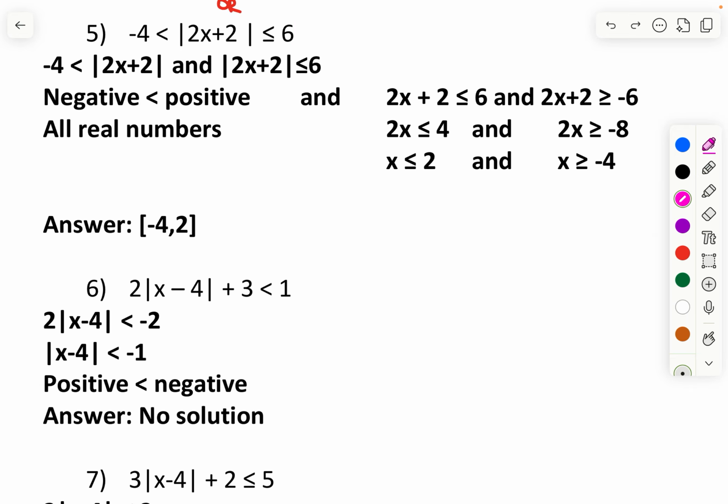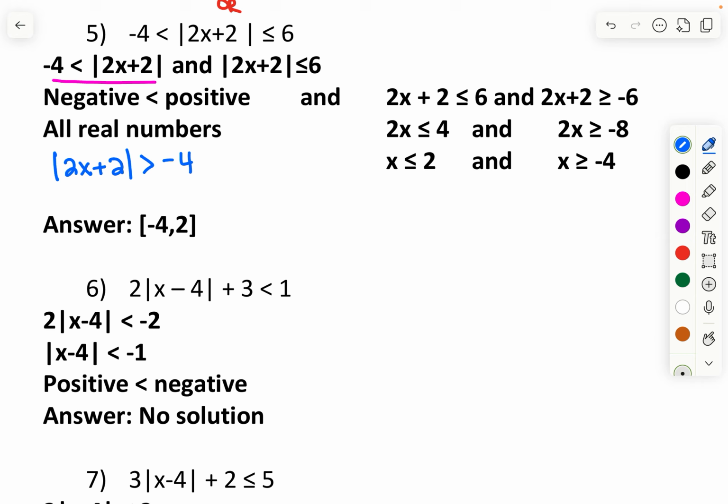So let's start with -4 is less than the absolute value of 2x plus 2. Well, I want to switch that around. What if I wrote this as the absolute value of 2x plus 2, and notice how the inequality sign is open towards that 2x plus 2, so I need to keep that consistent.